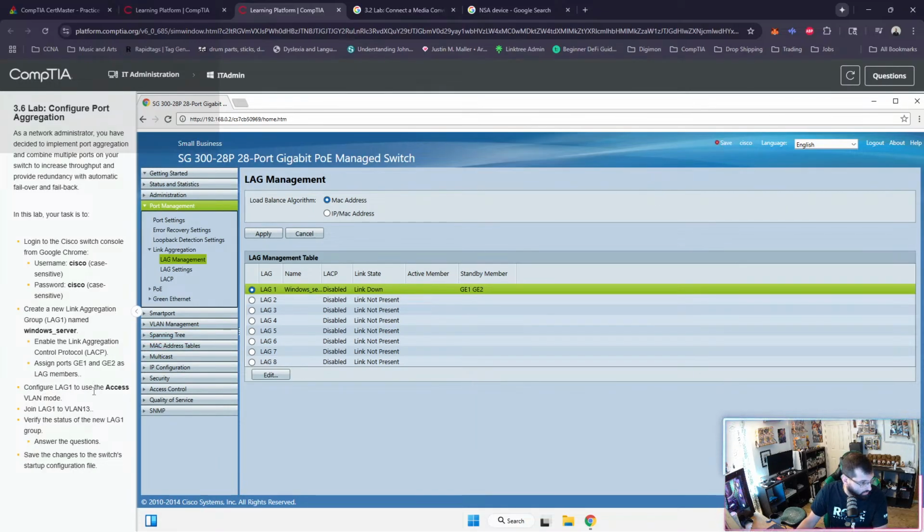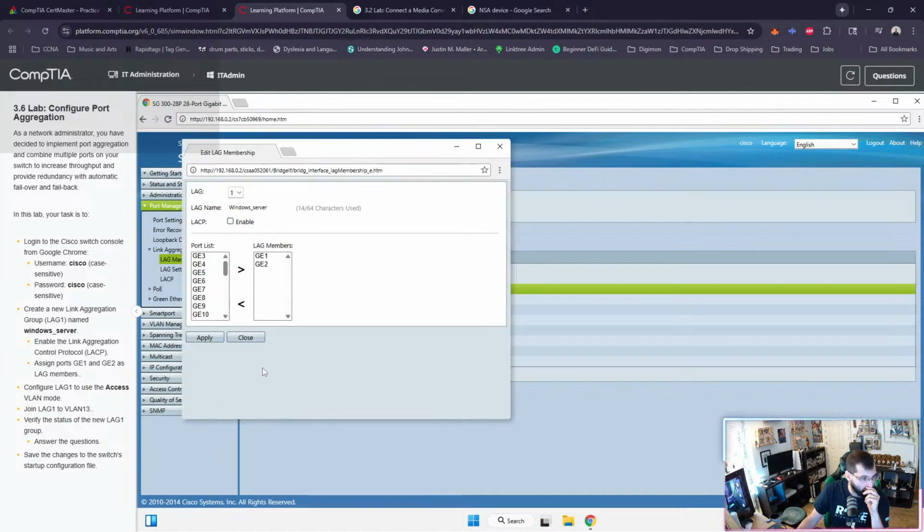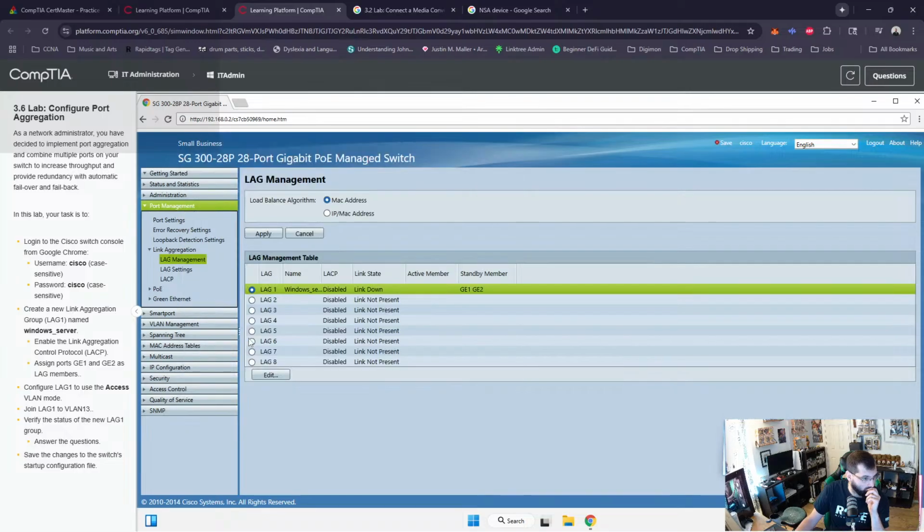Configure LAG1 to use access VLAN mode. I don't know how to do that. Configure LAG1 to access VLAN mode.